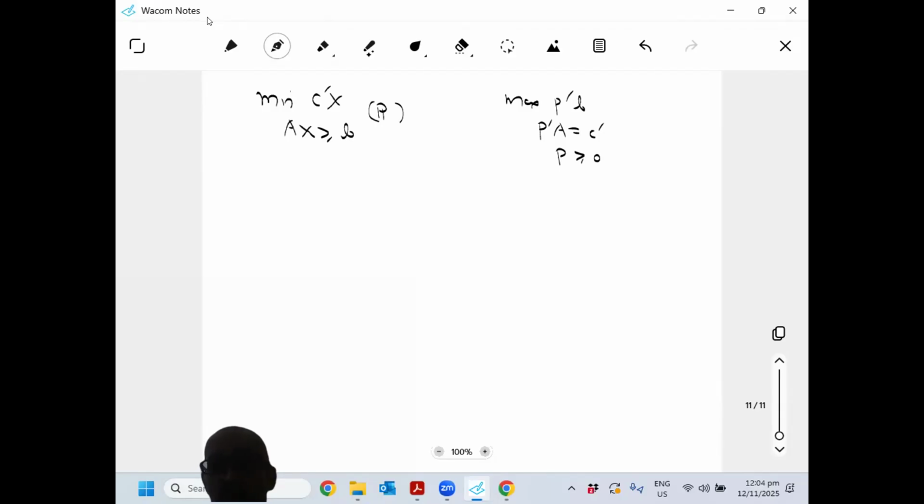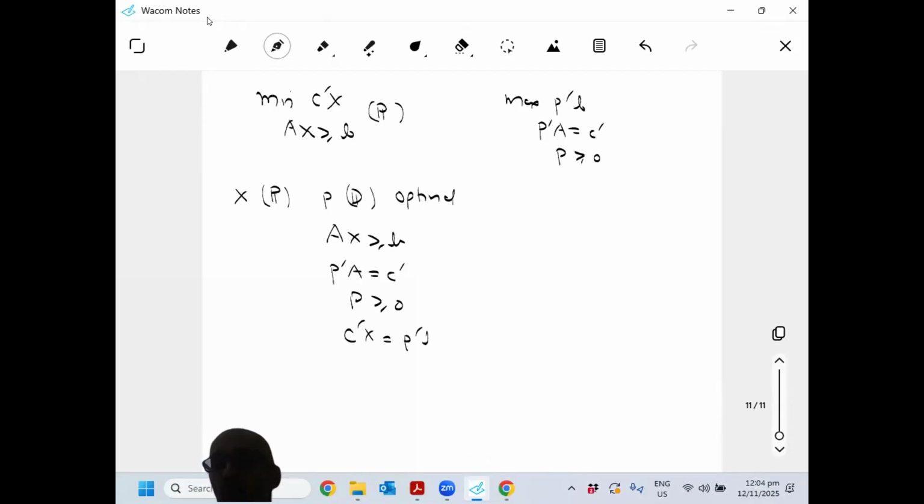What is optimal? x is primal optimal and p is dual optimal. What do you require? Primal feasibility, Ax greater than or equal to b, dual feasibility, and complementary slackness or strong duality, which you can write in many ways. One way to write it is c transpose x is equal to p transpose b. The two objective functions match.